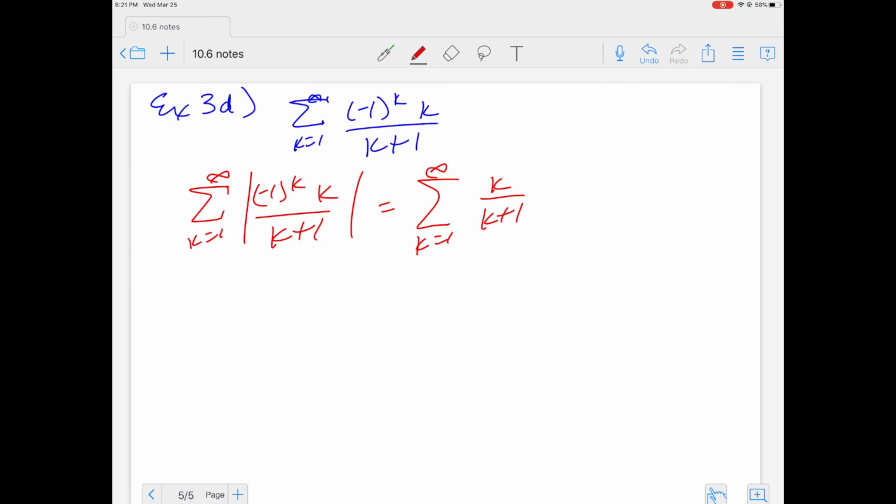What do you see right now? What's our go-to test again? That's right, little divergence test action.